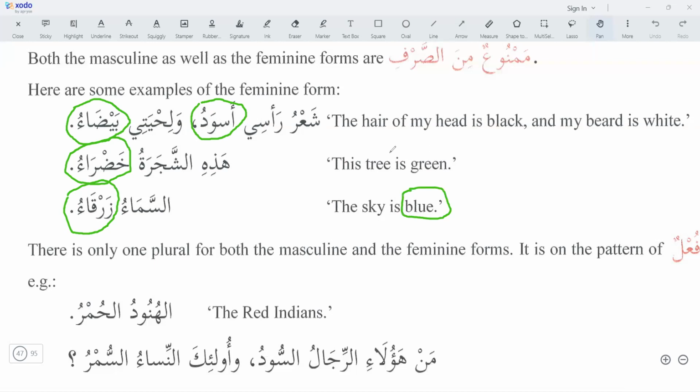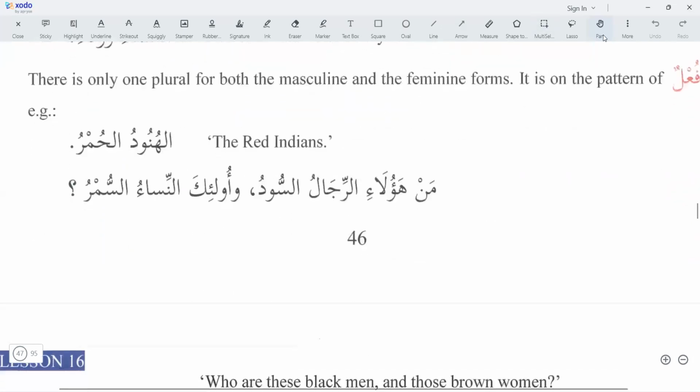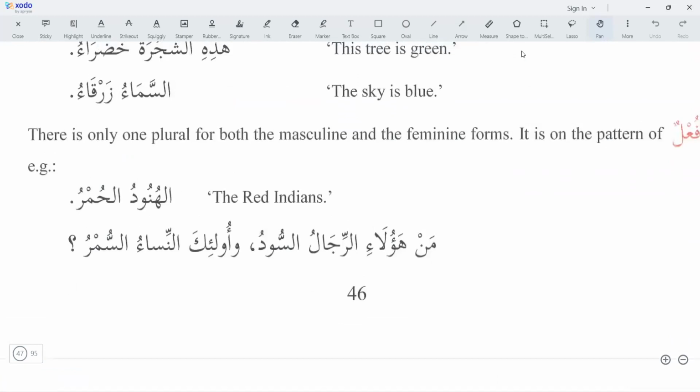So these are feminine singular forms. There is only one plural for both masculine and the feminine forms.